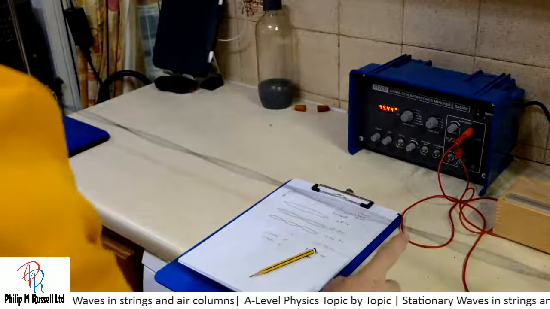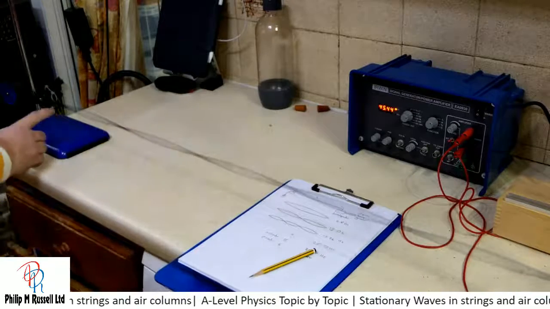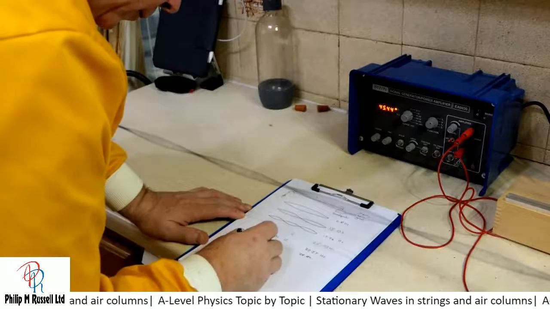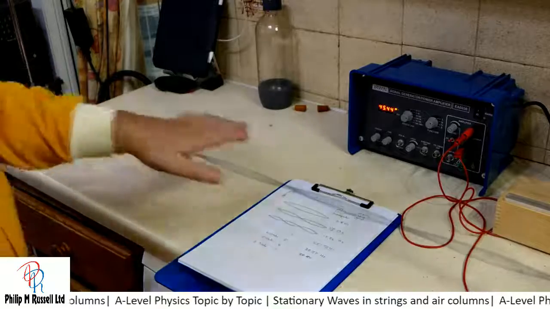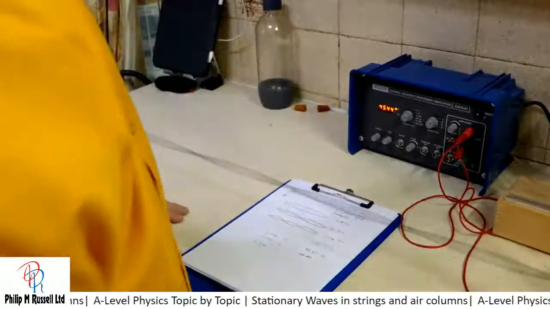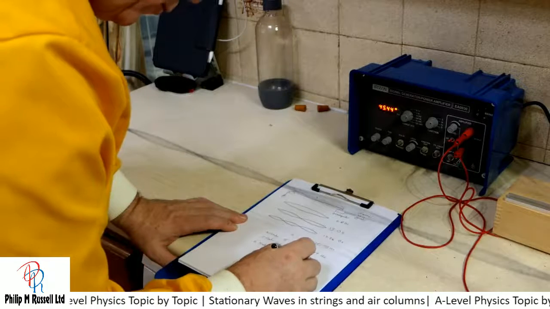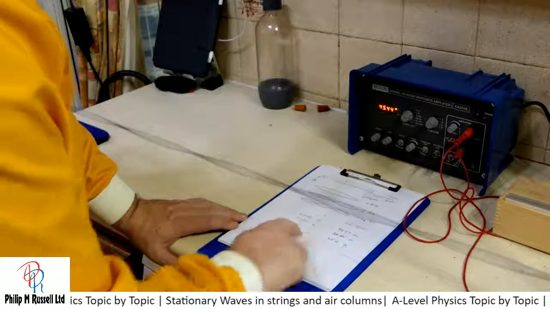Nodes 1, 2, 3, 4, 5, 6 nodes. And we've got our 7, 1, 2, 3, 4, 5, 6, 7 waves, and that's at 45.44 hertz.